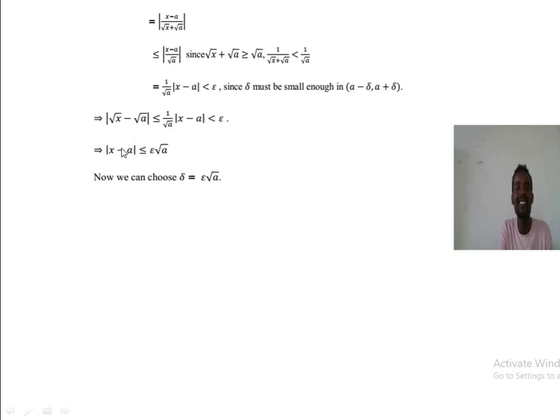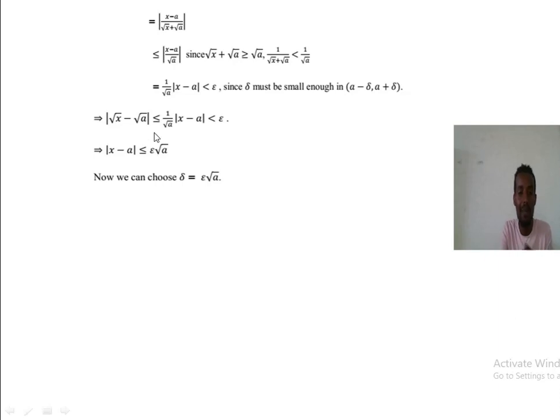Again, this is the same as the absolute value of x minus a. By multiplying both sides by the square root of a, we have the absolute value of x minus a less than or equal to epsilon times the square root of a.